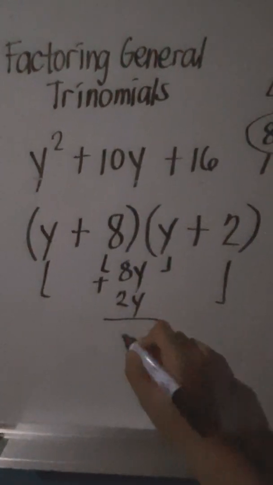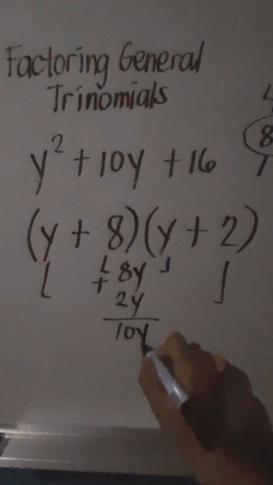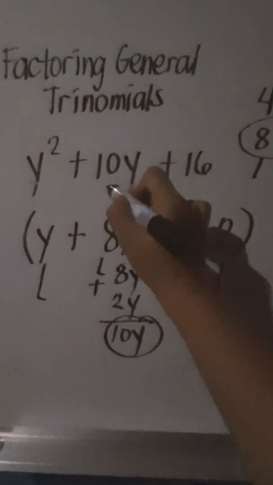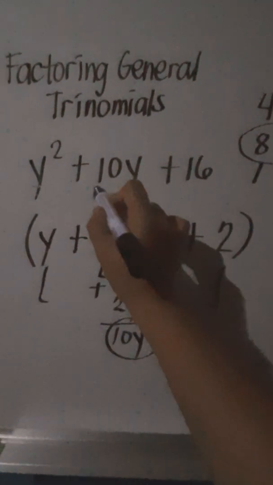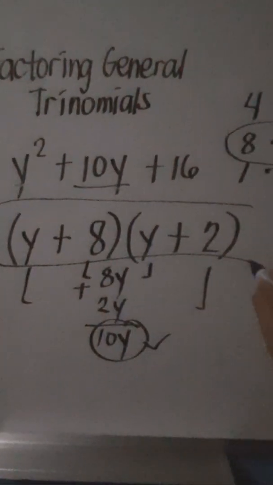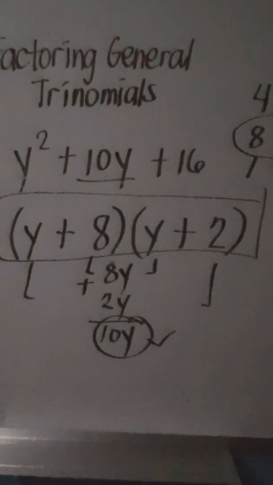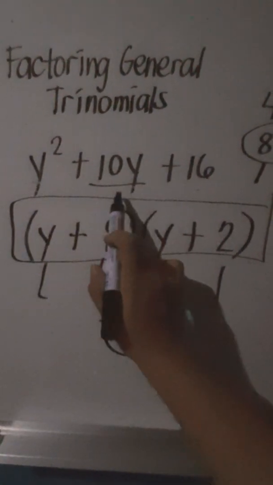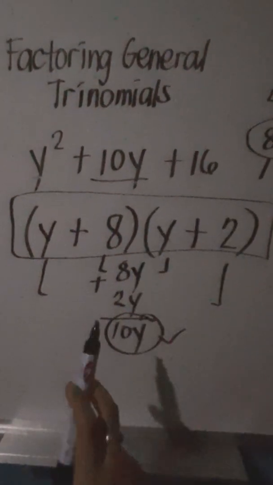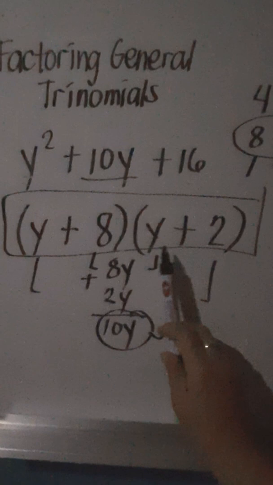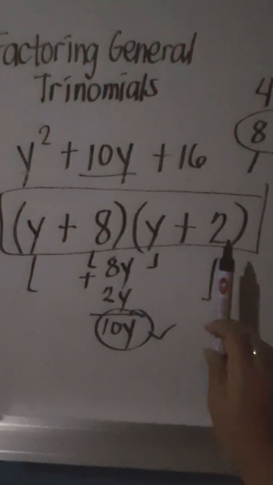Let's add, you will get 10y. Since we got 10y, meaning 10y ato nakuha diri, and 10y gyud ang middle term niya, meaning this factor is correct. So we got the correct answer. The factor for y squared plus 10y plus 16 is quantity y plus 8 times quantity y plus 2.